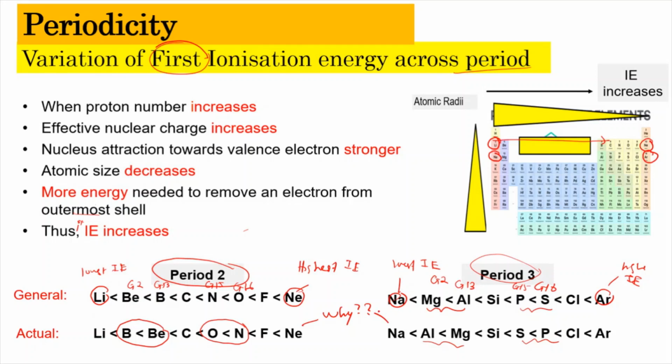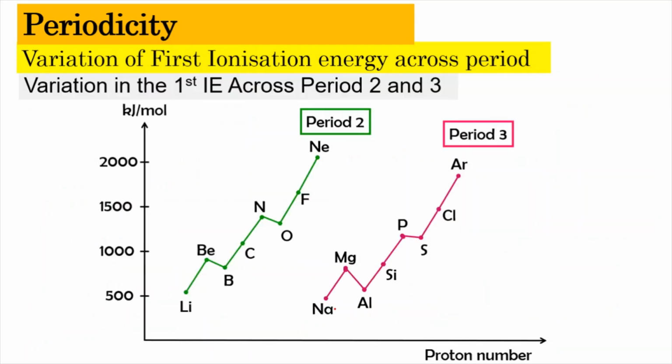To answer that, let us look into the next slide. As you can see here, we would expect the actual line to be a straight line. But because of anomaly, group 2 is higher than group 13, and similarly group 15 is higher than group 16.